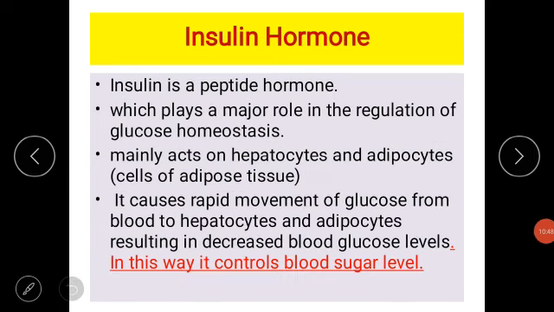Another hormone of the pancreas is insulin, which is produced by the beta cells of the islets of Langerhans of the pancreas. Insulin is a peptide hormone, and I have already told you why it is called a peptide hormone, because it plays an important role in maintaining the blood sugar level.